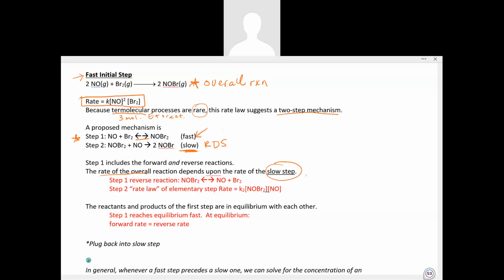So let's take a look at the rate law of the elementary step for step 2. That would look something like this. So we know that rate 2 or step 2 isn't the only concentrations, right, that will be required for our overall rate law.